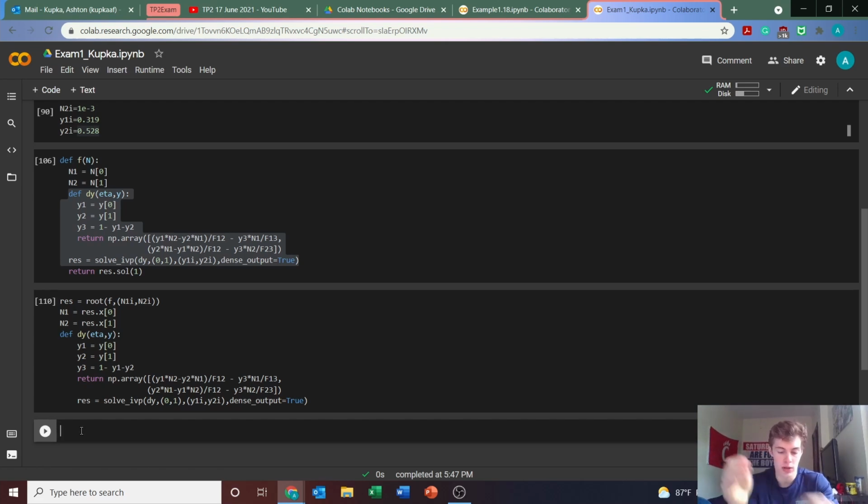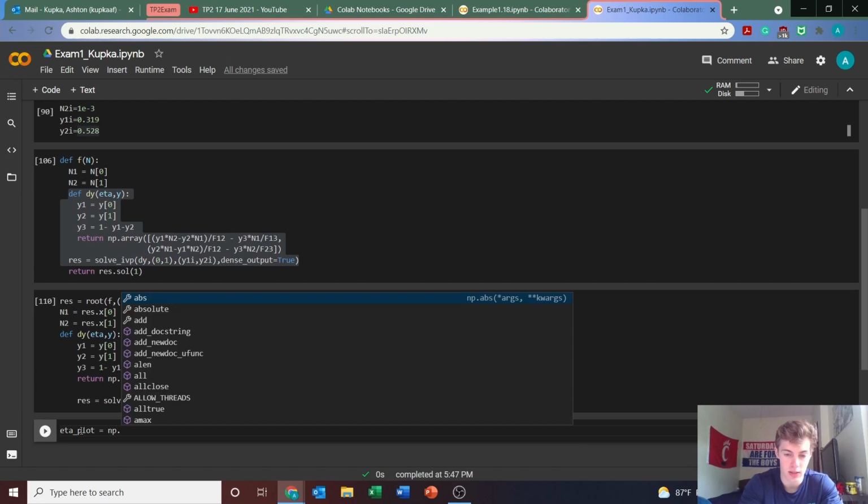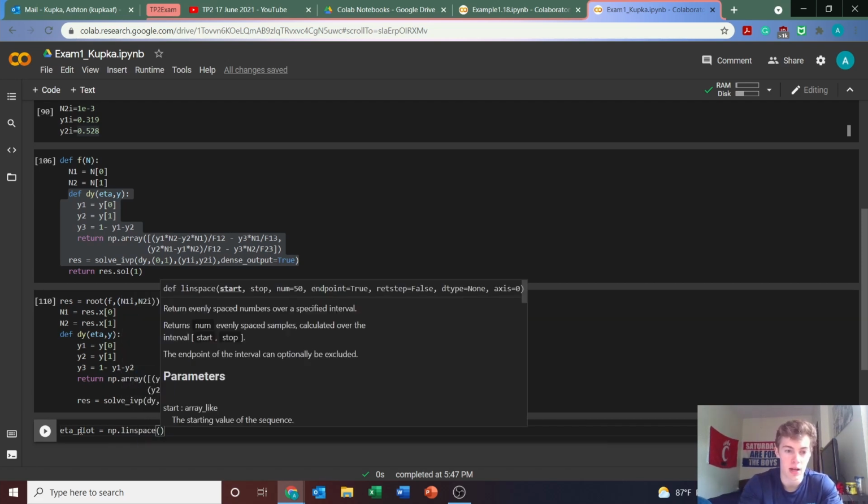So to do that, we can start with eta_plot, and we set that equal to np.linspace from 0 to 1.